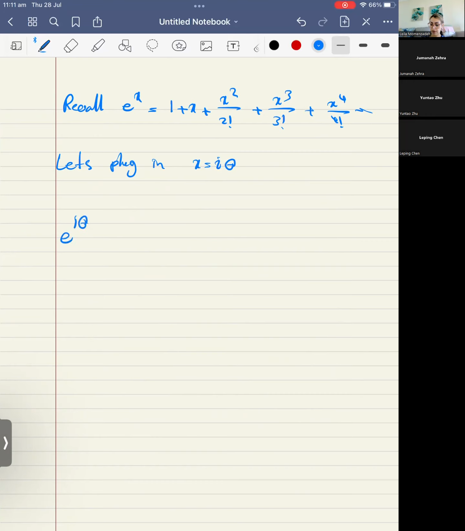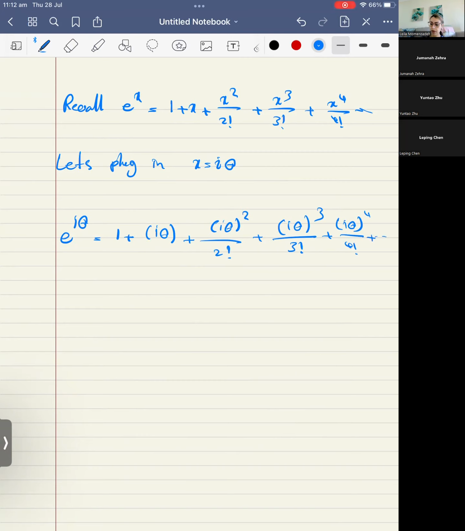e to the i theta is equal 1 plus i theta plus i theta power 2 over 2 factorial, sorry, should be out of 2 factorial, plus i theta power 3 over 3 factorial plus i theta power 4 over 4 factorial plus.